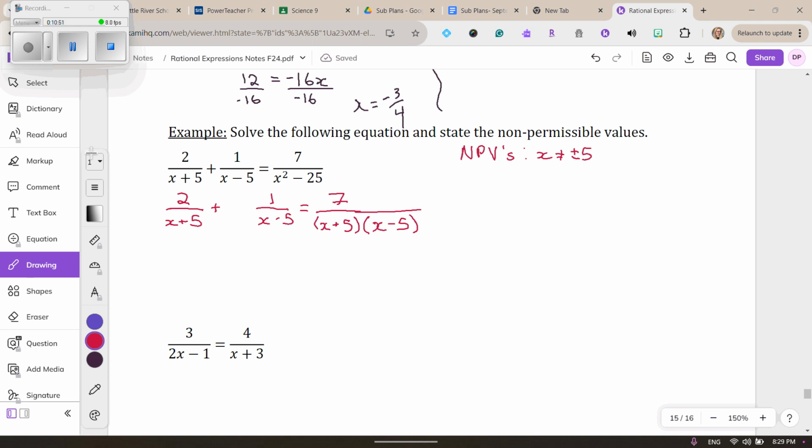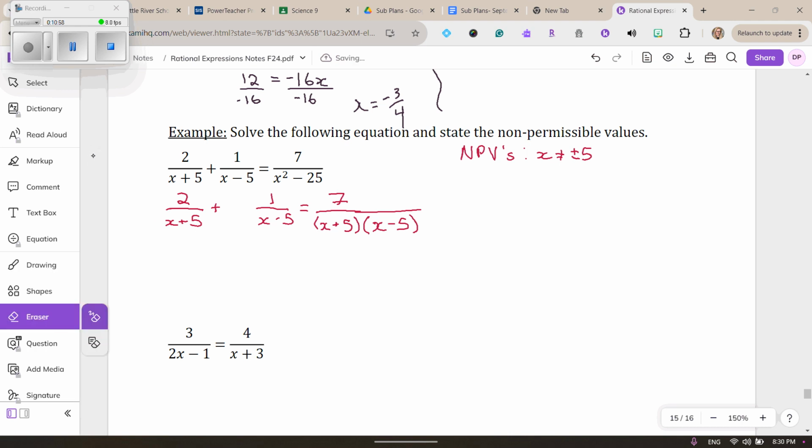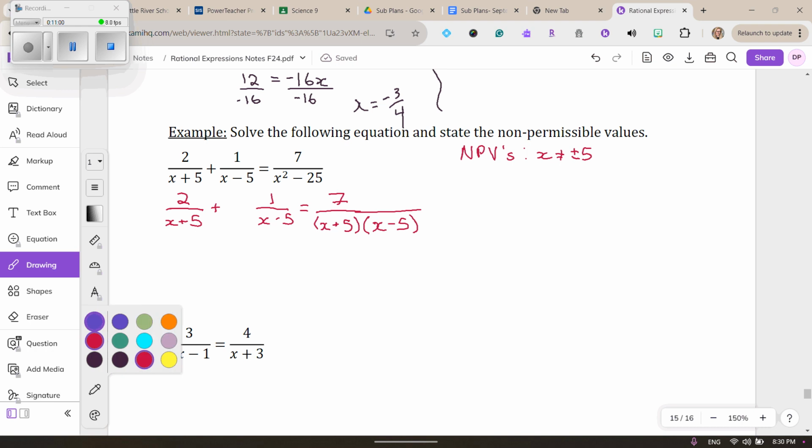Okay, so now I need to get that on the bottom of all of my fractions. So I need to multiply my first fraction by x minus 5. Notice how I put it in brackets. And I need to multiply my second fraction by x plus 5.